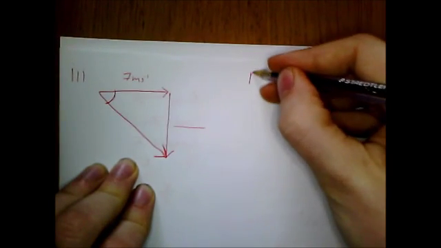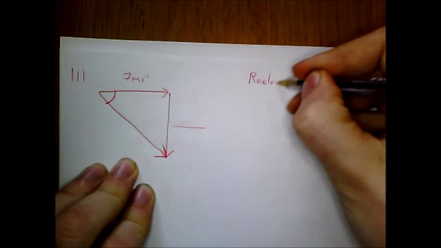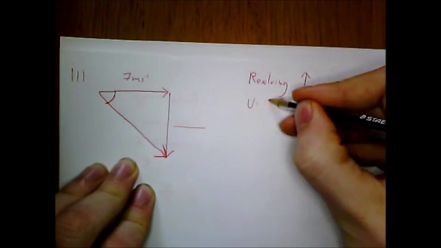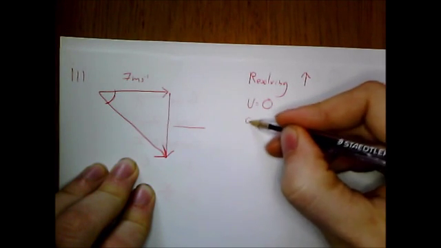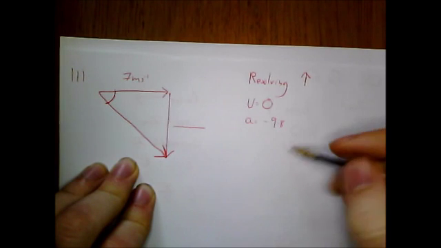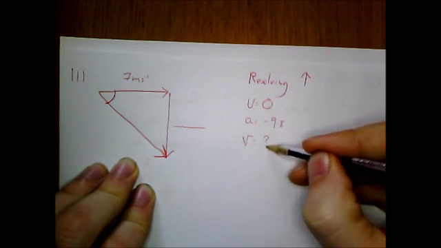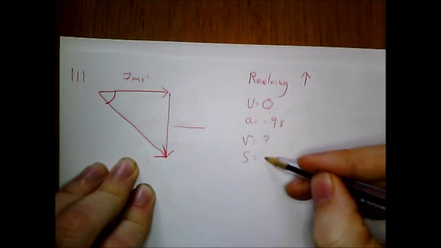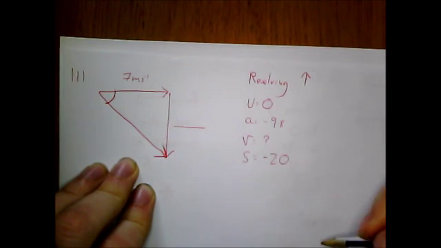Resolving upwards, we know the initial speed is 0. Acceleration is negative 9.8 meters per second squared. We want the final velocity, and we know it needs to travel downwards by 20, so s is negative 20.